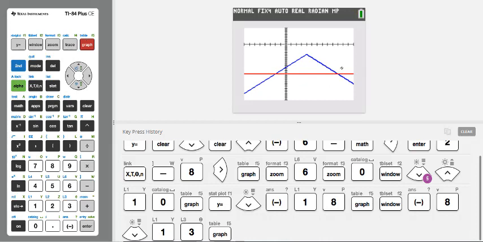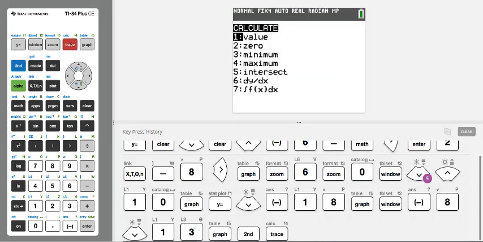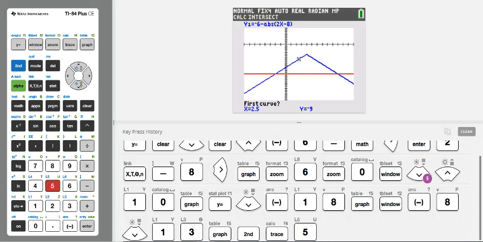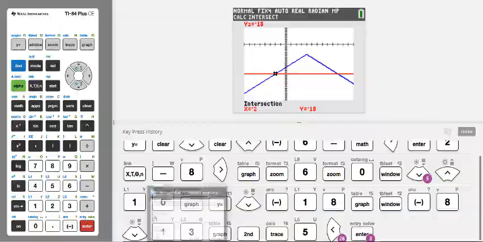So I need to find this intersection as well as that intersection. Second trace 5. I'm just going to move it down. There we go. Enter. I get -2.